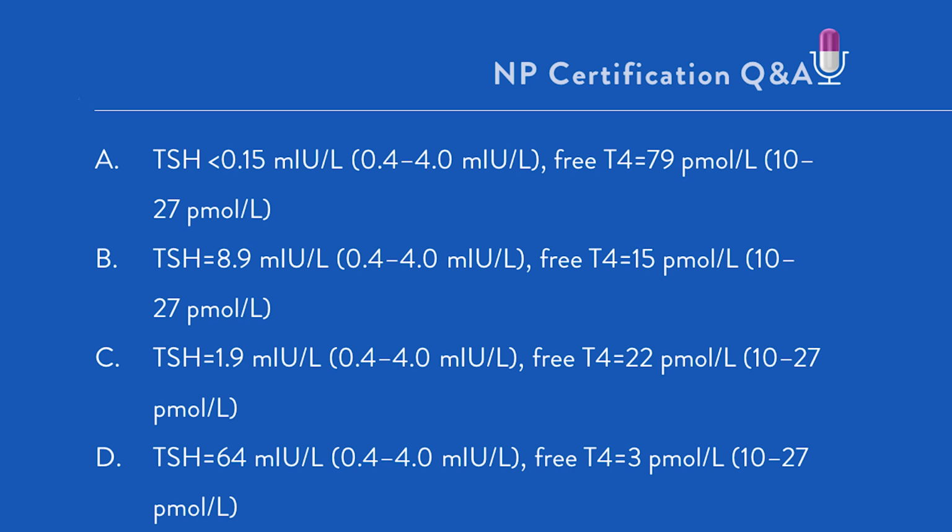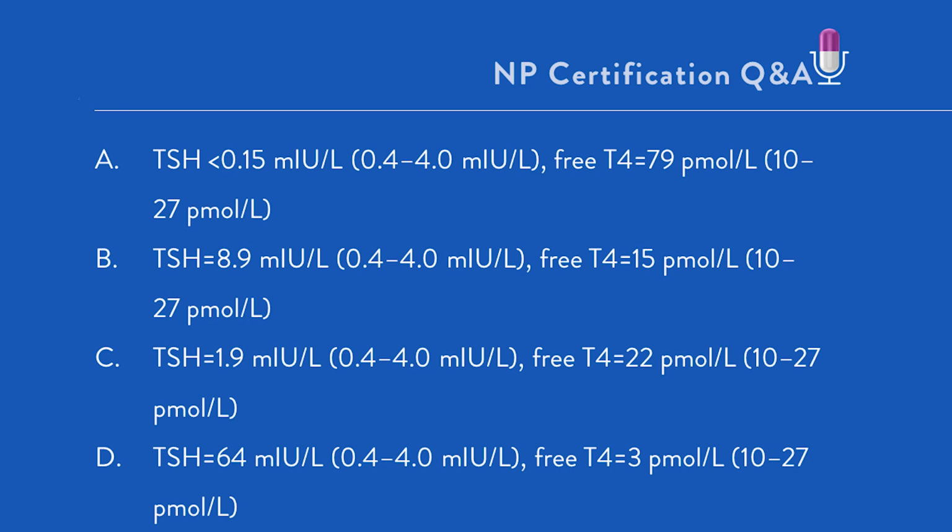This is consistent with subclinical hypothyroidism, a condition that is usually without significant signs or symptoms. I do want to add, however, that you should make sure you are aware of what the current clinical guidelines are for the evaluation and treatment of subclinical hypothyroidism.